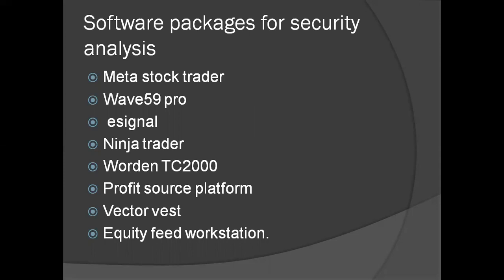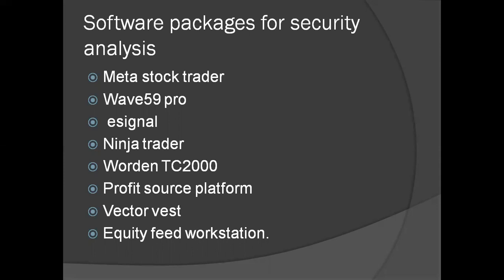Ninja Trader is the next type of software package for security analysis. This package is used for analyzing stock market fundamentals, and it is also used for technical analysis through charts. It is able to provide data of past and future trends of stock.